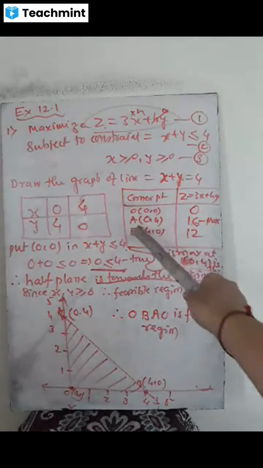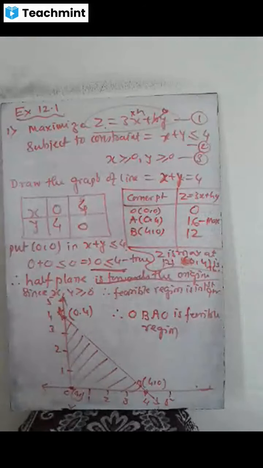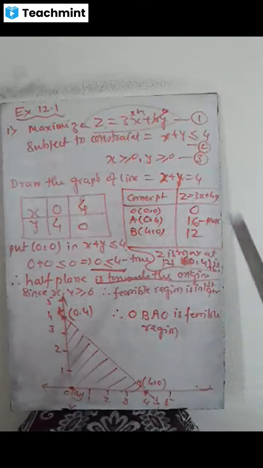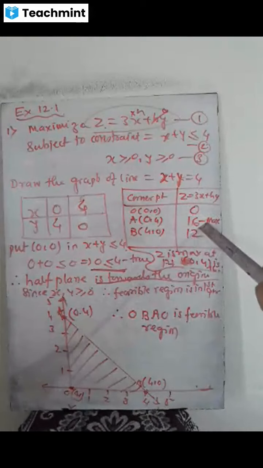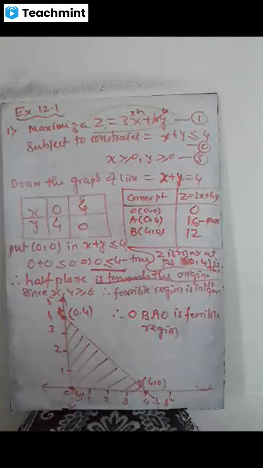Putting the value of x, y as (0, 4), we get the value 16. Then putting the value (4, 0) here, we get the value 12. So which value is maximum? 16 is maximum. For which point? (0, 4). So we write z is maximum at the point (0, 4) and that value is 16.